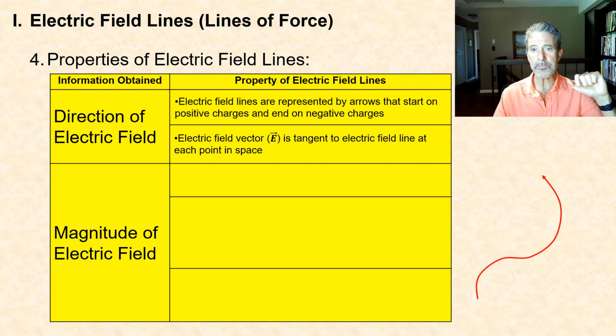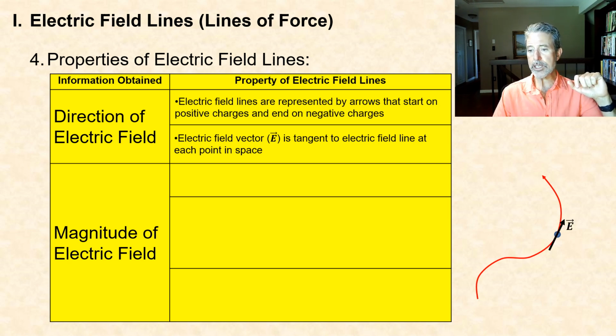So from a field line model, if we have an electric field line, what I'm showing you here in red, we can determine the direction of the electric field at any given point in space, let's say right here, by first drawing in the tangent line to the field line and subsequently drawing the electric field vector along the tangent line, in the same direction as the field line.